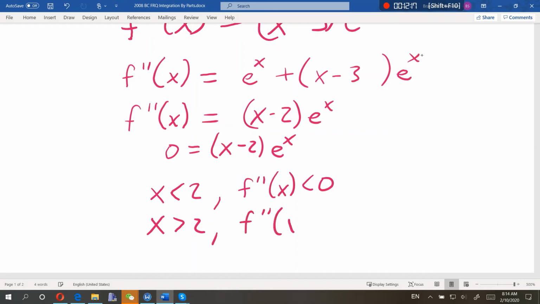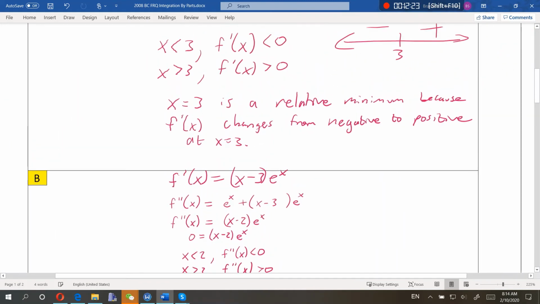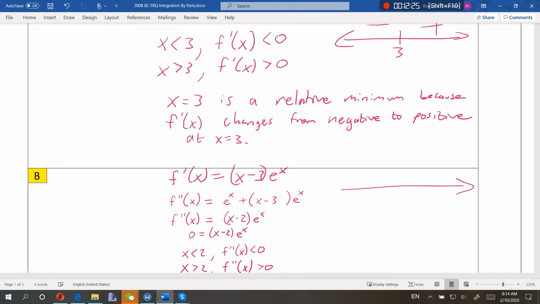That's a positive number. Okay, so I've got our second derivative test I'm going to draw up here. Actually, I guess I will draw both of them. So our first derivative test said around 3, we were changing from negative to positive. Our second derivative test was about 2.